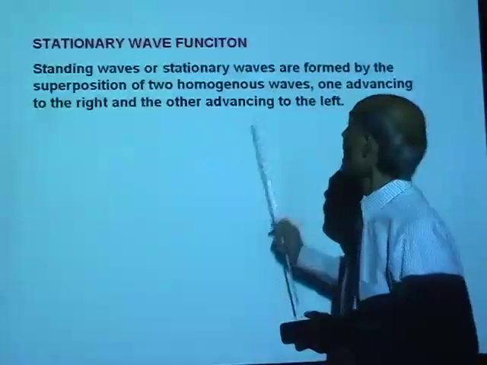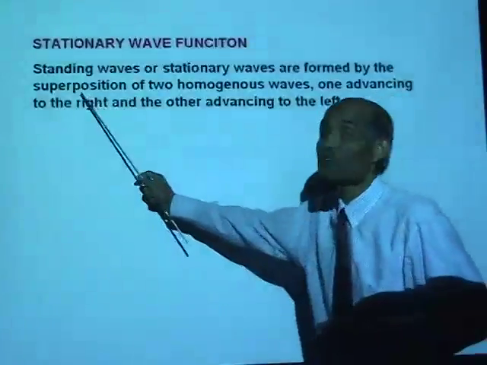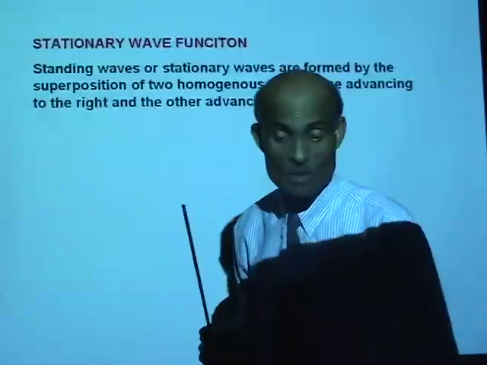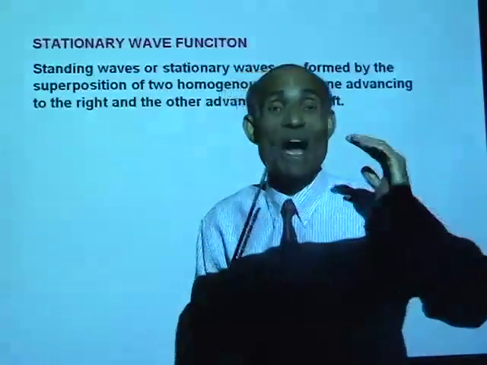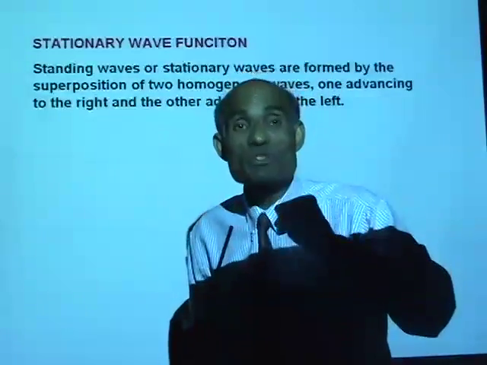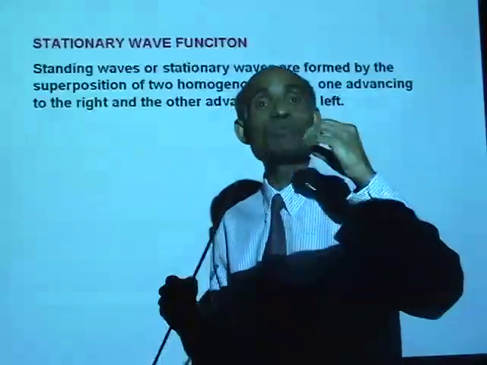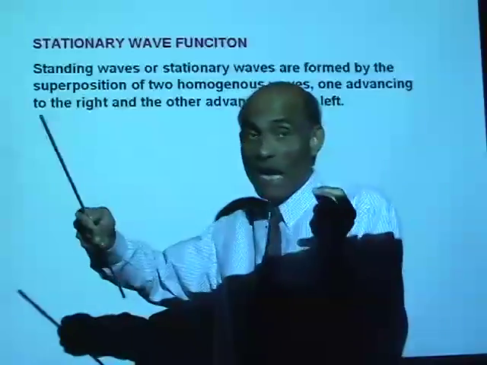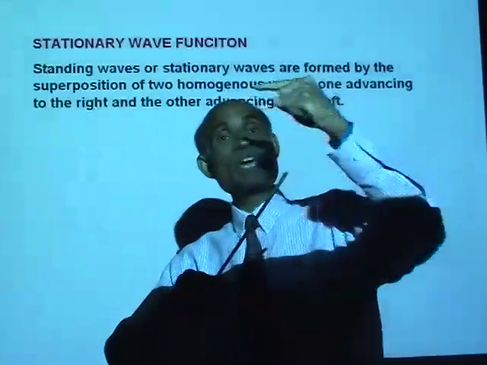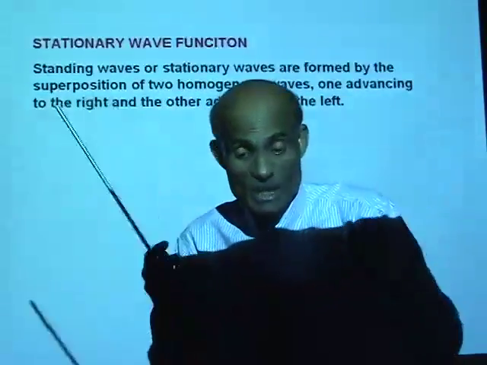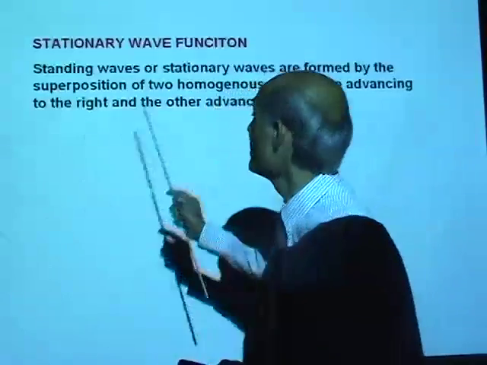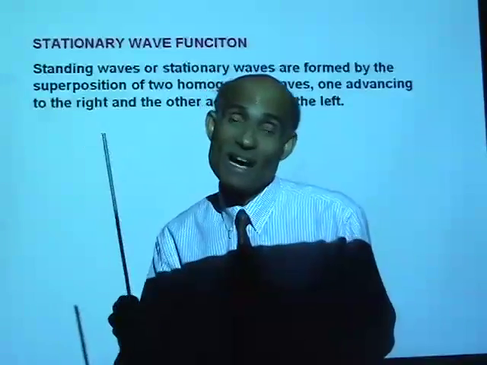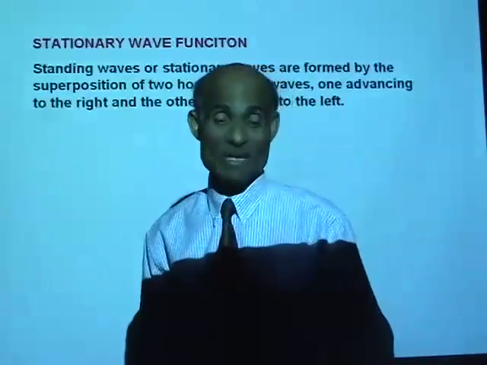Standing waves are formed by the superposition of two homogeneous waves. What does that mean, homogeneous? They are identical in amplitude, frequency, and wavelength, because it is the same wave, the advancing wave and the reflected wave. The same wave gets reflected. They are basically the same wave. They are homogeneous. But one is advancing to the right and the other is advancing to the left.